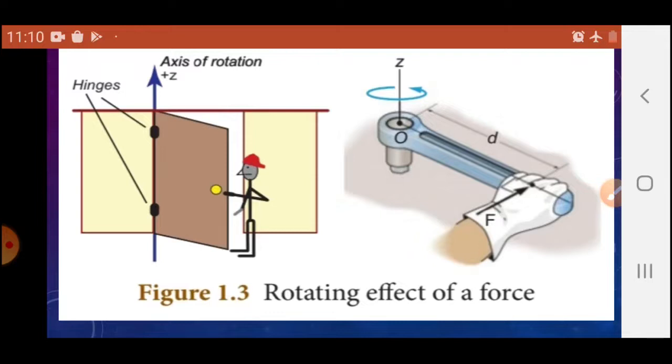Now here the rod will be turned about the fixed point. ஒரு ஃபிக்ஸ்டு பாயிண்ட்டை வச்சு நம்ம அந்த ராடை ஒரு போல்டோ ஏதோ ஒன்றை டைட் பண்ணுறோம் or லூஸ் பண்ணுறோம், we are going to tighten or loosen, we have to give the forces about the point of rotation. Okay, so this is axis of rotation, this is point of rotation.